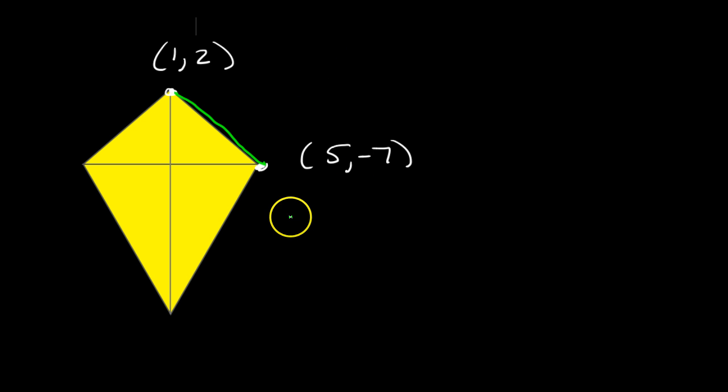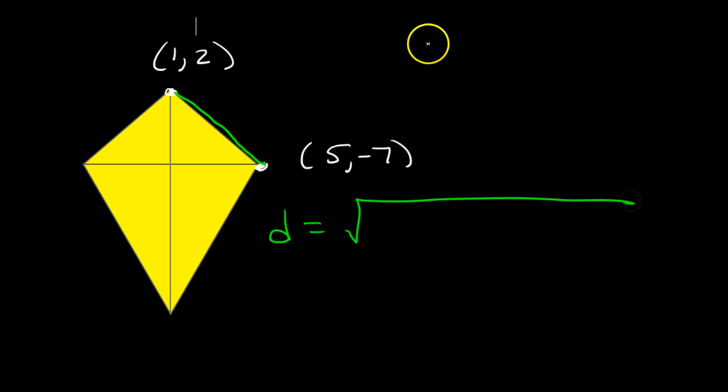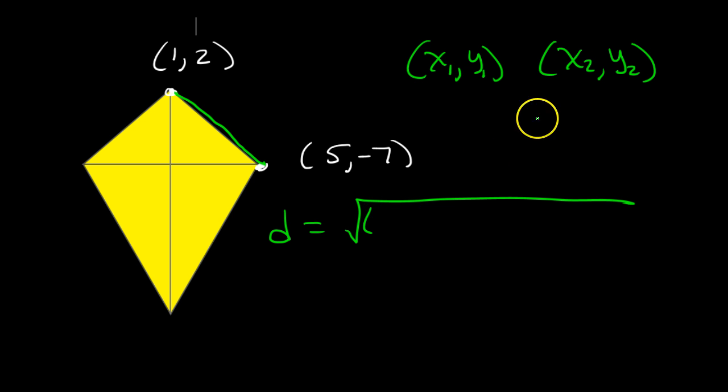The distance formula says you can find the distance between 2 points (x1, y1) and (x2, y2) by doing the square root of x2 minus x1 squared, plus y2 minus y1 squared.